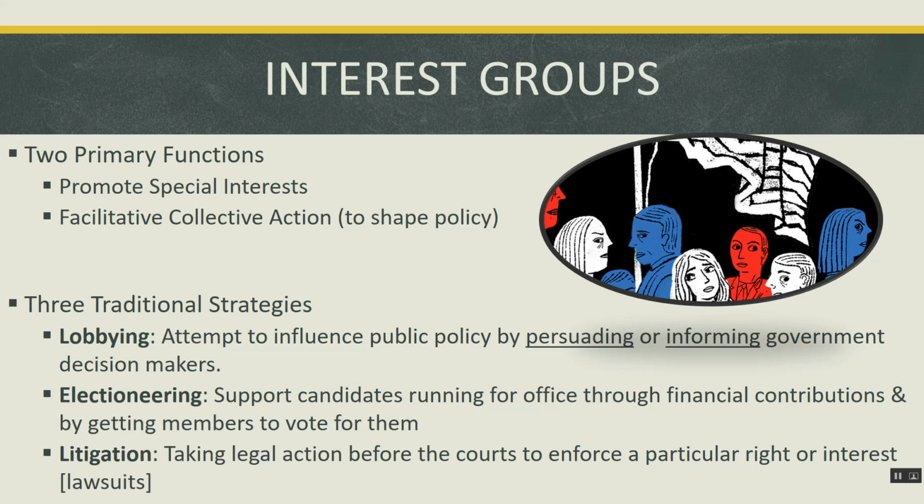You could redefine lobbying just as accurately by saying that lobbying is an attempt to influence public policy by manipulating and misinforming or deceiving government decision makers. That's not necessarily incorrect. One thing I will note, however, is that it's not necessarily correct either. This is kind of subjective. It's a matter of personal opinion.